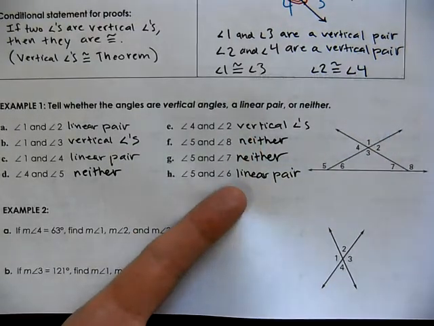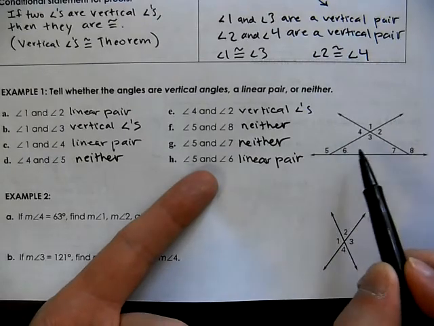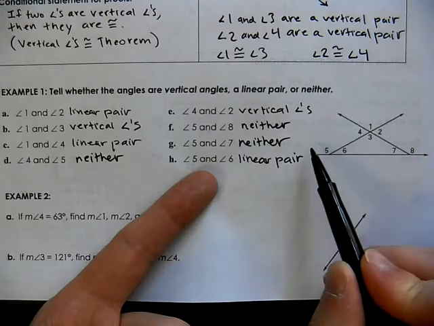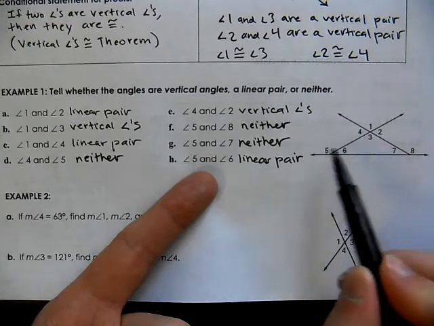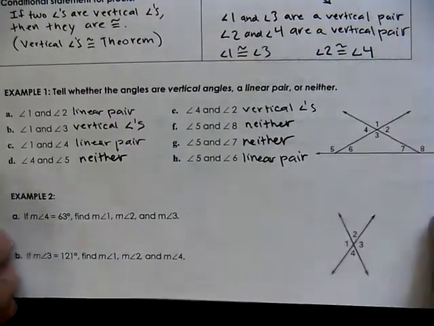But if we had a linear pair, remember we said a linear pair is supplementary. So if we're working with these two angles, we don't set those equal to each other because that's not a vertical pair. No, it's a linear pair, which means they are supplementary, which means we set them up to 180 degrees. And we'll be doing more of that on the next page in a moment.